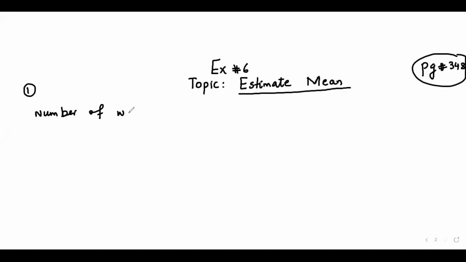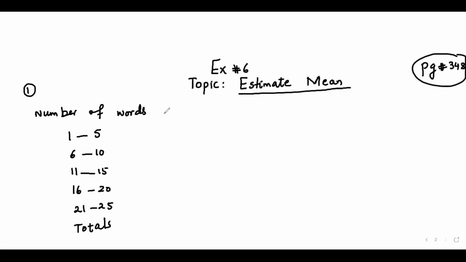Its ranges are given: 1 to 5, 6 to 10, 11 to 15, 16 to 20, then 21 to 25. And then it says totals.